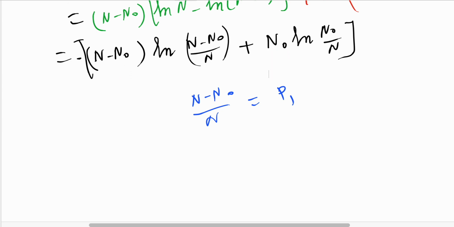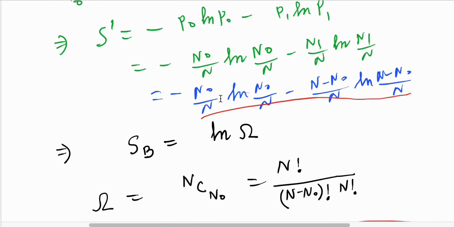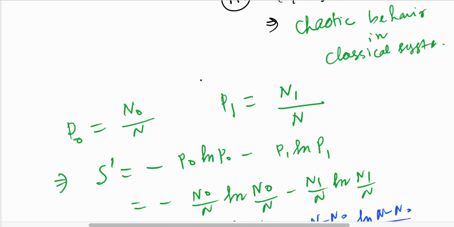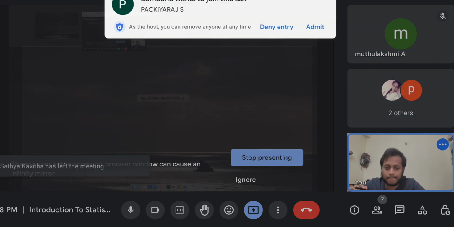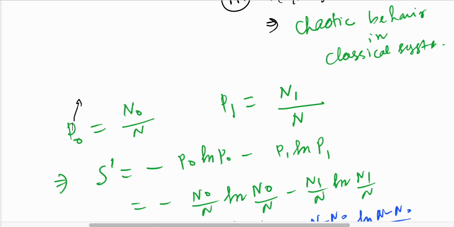The caveat is that in the Shannon entropy we calculated, the probability is for a single particle: the probability that a single particle will be at energy state 0.